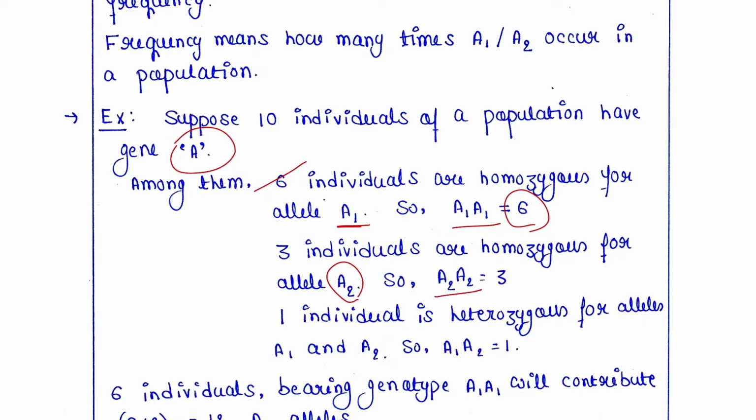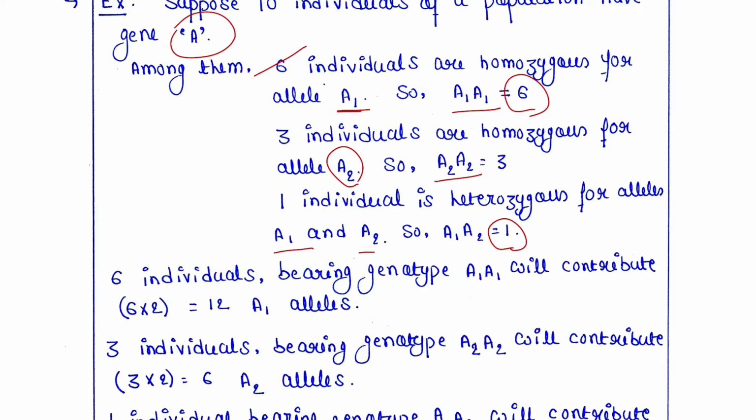So A2A2 is 3. 1 individual is heterozygous for alleles A1 and A2. So A1A2 is equal to 1. Only 1 individual has the genotype A1A2.